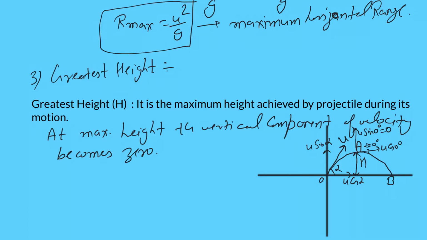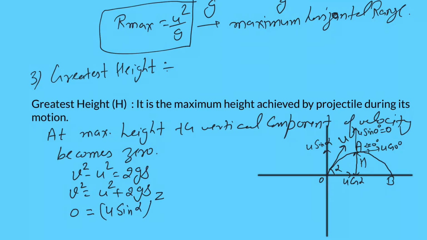So we know a relation v square minus u square is equal to 2gs, that is, v square is equal to u square plus 2gs. v is the vertical component of the velocity at point A, which is 0, and u is the vertical component of the velocity at the initial point O, so this will be u sin alpha.